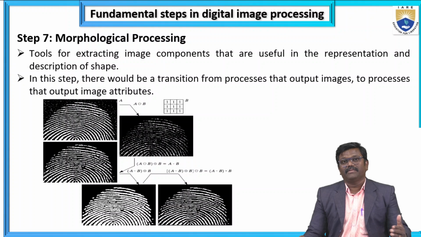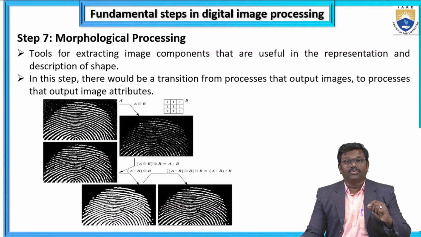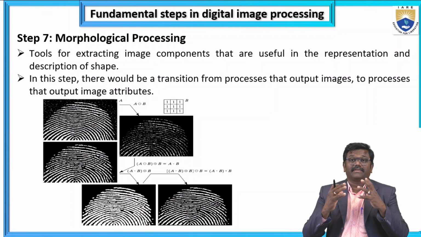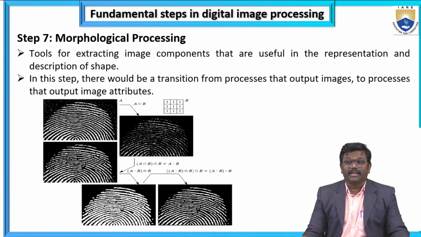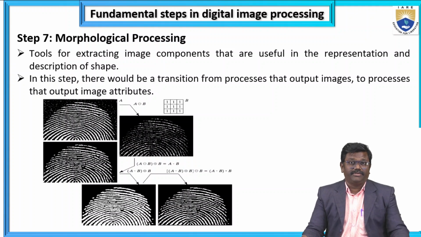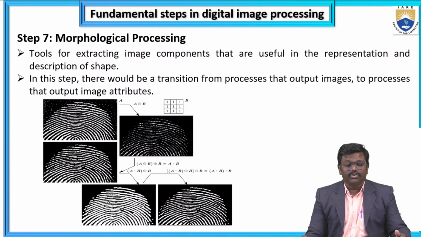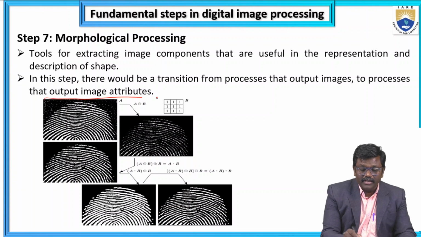Step number 7 is morphological image processing. As I said, it is processing in a simple manner with tools that use fit or hit for extracting the image components that are useful in the representation and description of one particular shape of an image. This step is a transition from processes that output images to processes that output image attributes.